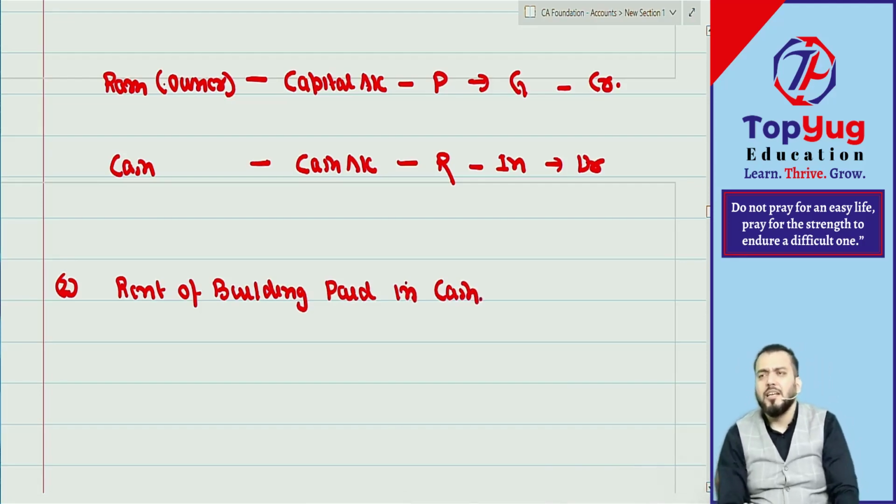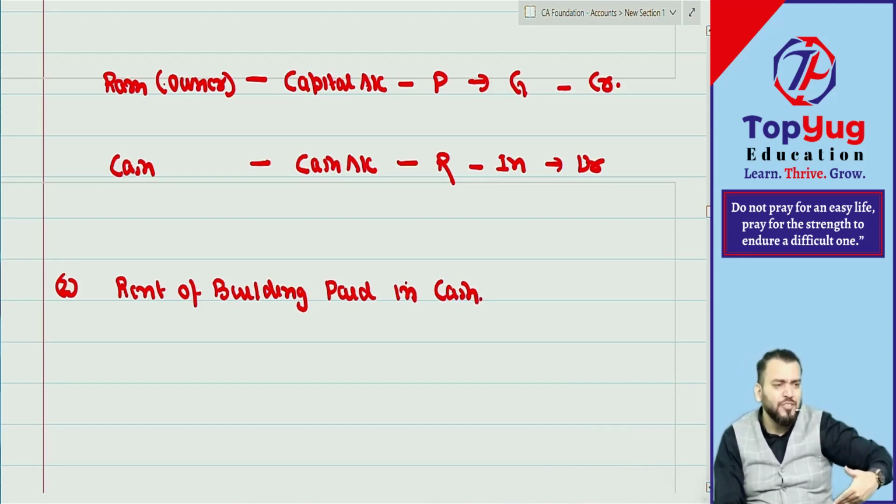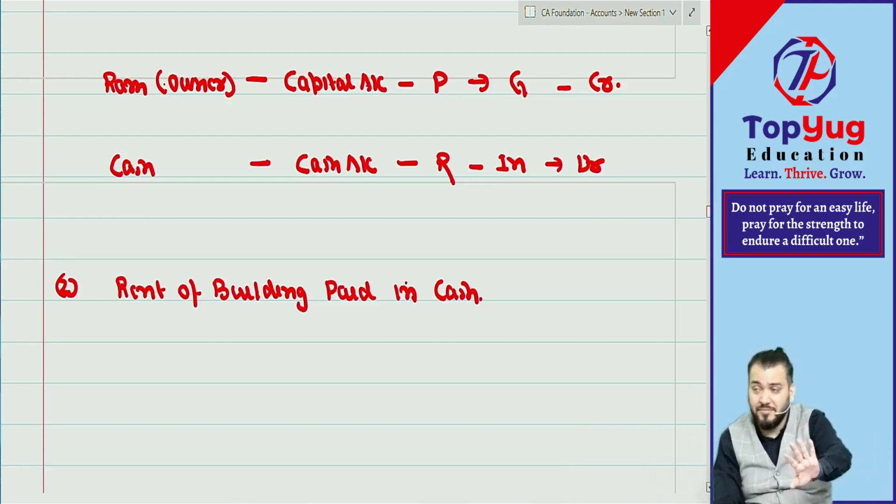It means we have taken one building for use, and for the building's use we have paid rent, and the amount was paid in cash.